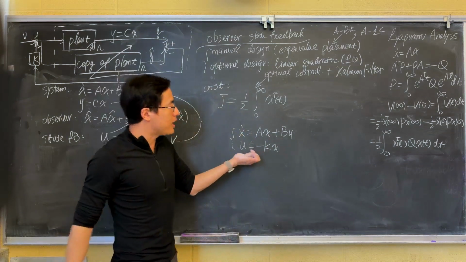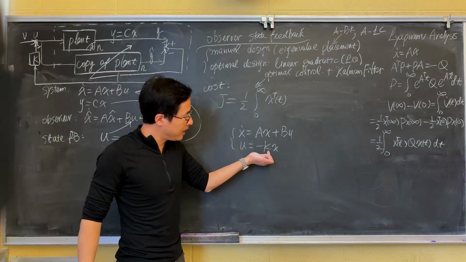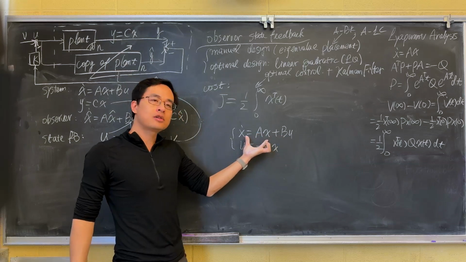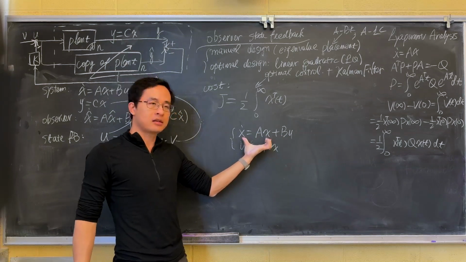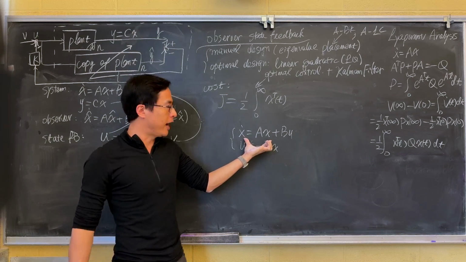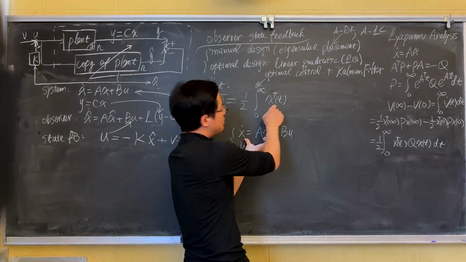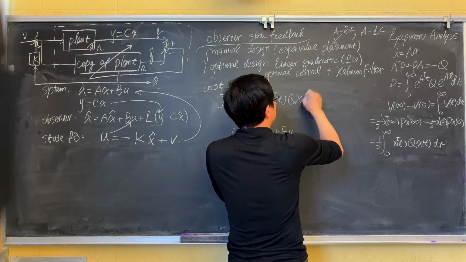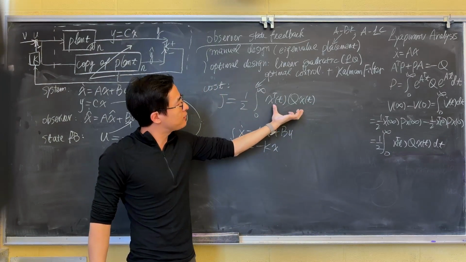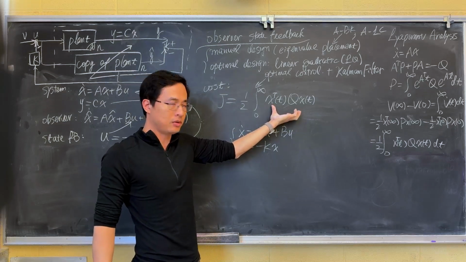We want to design the gain of feedback such that the system goes to the origin. Make x small in an efficient way. So I want to make x small. In other words, I want to make some quadratic form of x to be small.